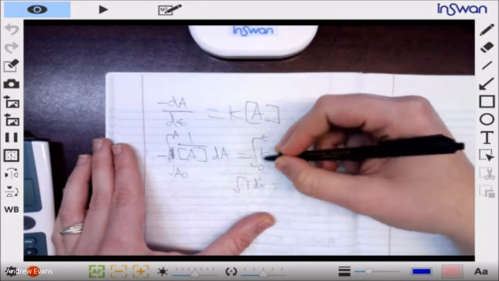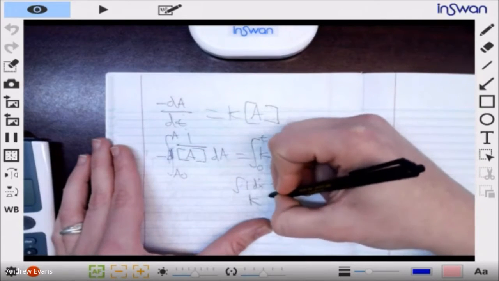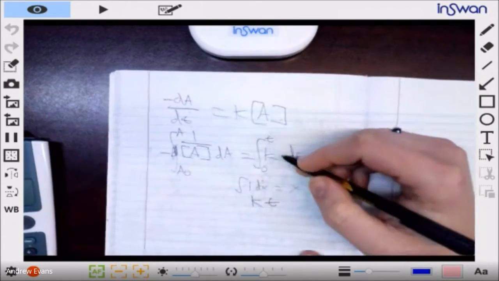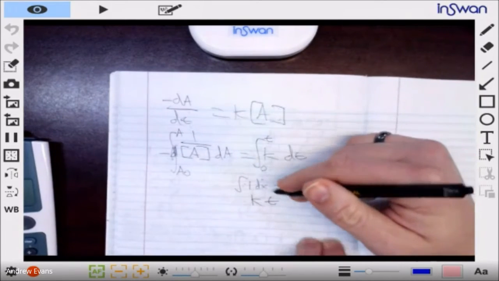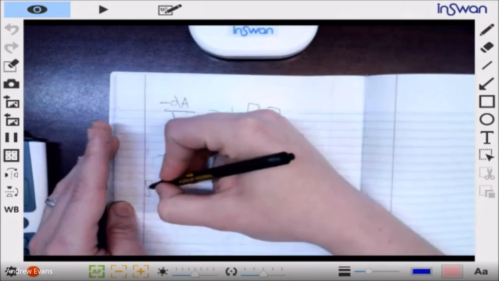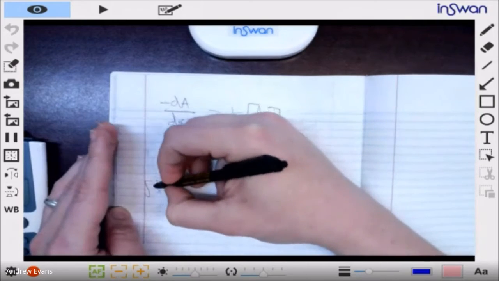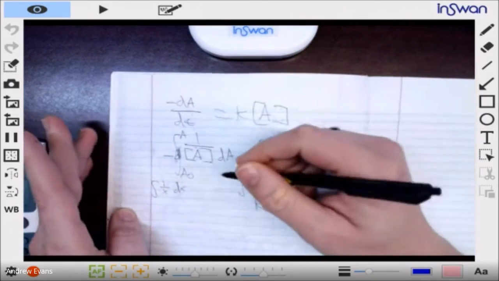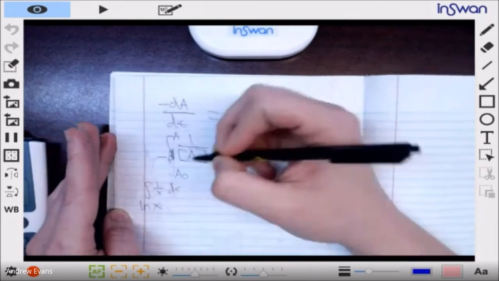So the integral from 0 to t of dt becomes kt, minus 0, so that's fine. Now here's the hard one. The integral of 1 over x dx is a weird integral. We can't do that in a traditional integral fashion, so that actually becomes a natural log of x.